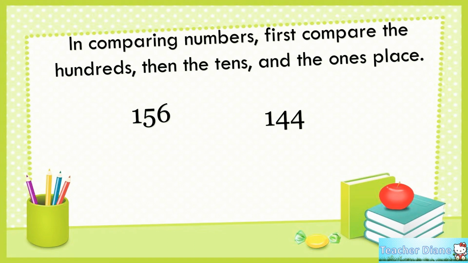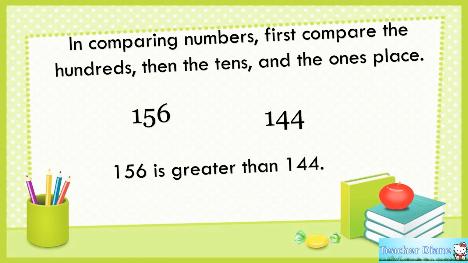Since the hundreds are the same, we compare the tens. Which is greater, 5 or 4? Right, it's 5. 5 is greater than 4. So, therefore, 156 is greater than 144, or we can write it this way.